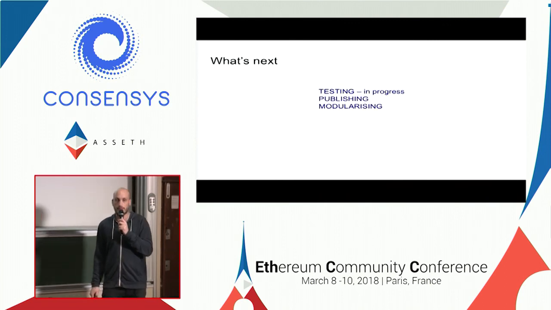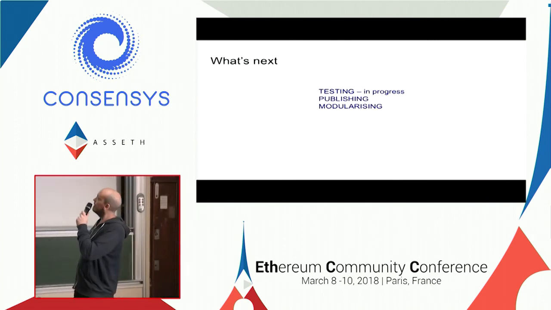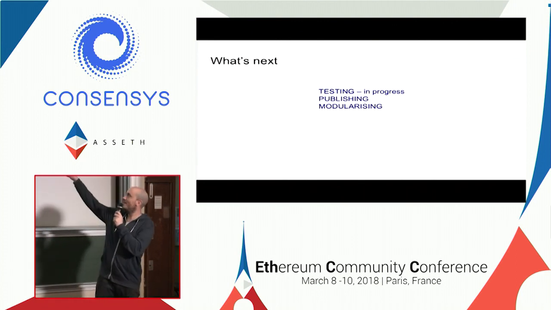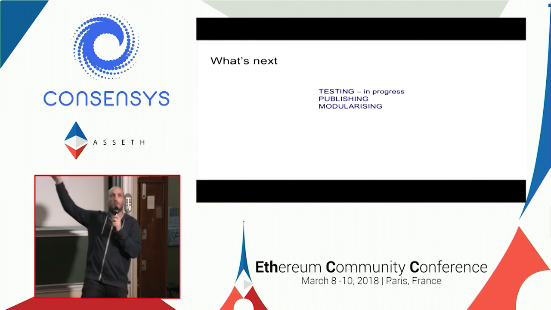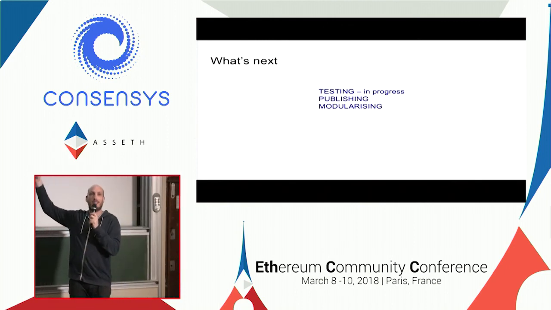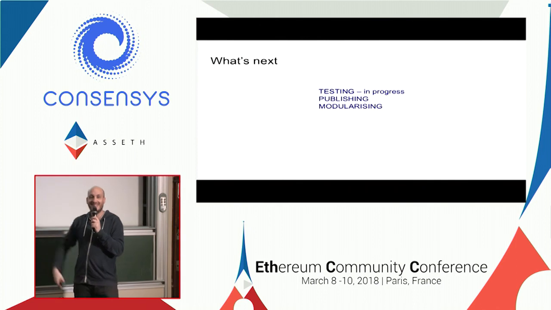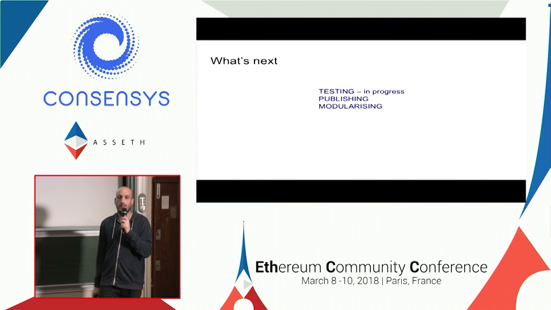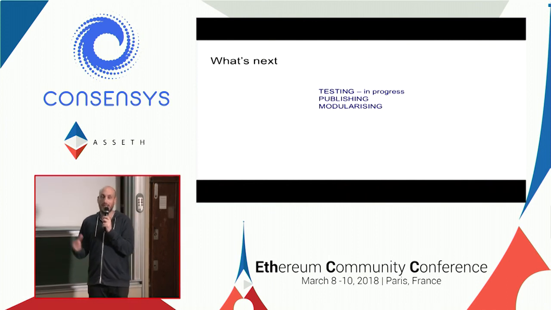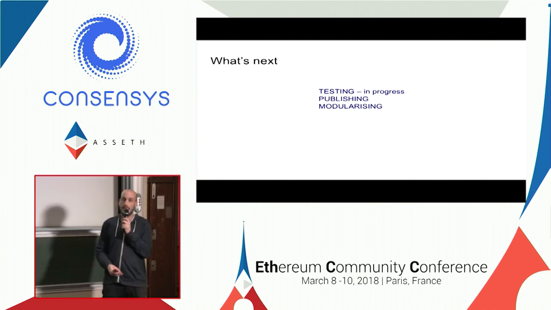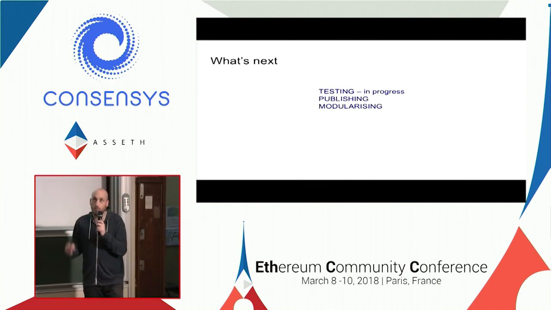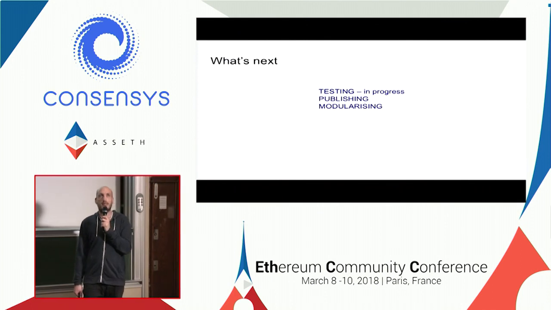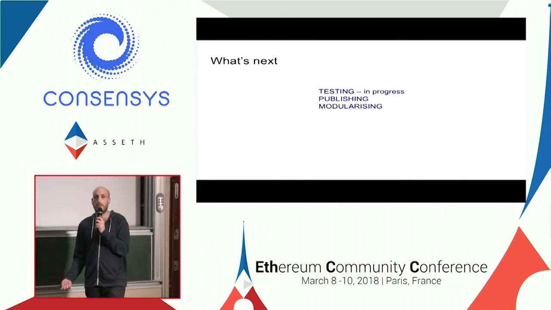What's next? Oh, okay. So look at the modularizing item. It should be struck, it is not. It's a mistake. This is a slide from Cancun. We had to do testing, publishing, and modularizing. Testing is now in progress, thanks to Yuri and Matthias. Publishing is still something that we need to improve and do.